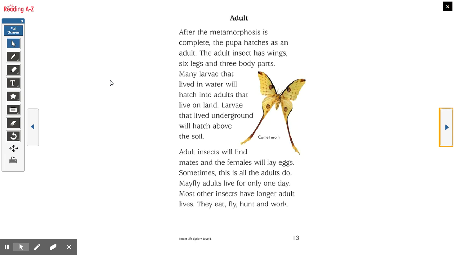Adult insects will find mates and females will lay eggs. Sometimes this is all the adults do. Mayfly adults live for only one day. Most other insects have longer adult lives. They eat, fly, hunt, and work. And in this photograph, this one's called a comet moth.